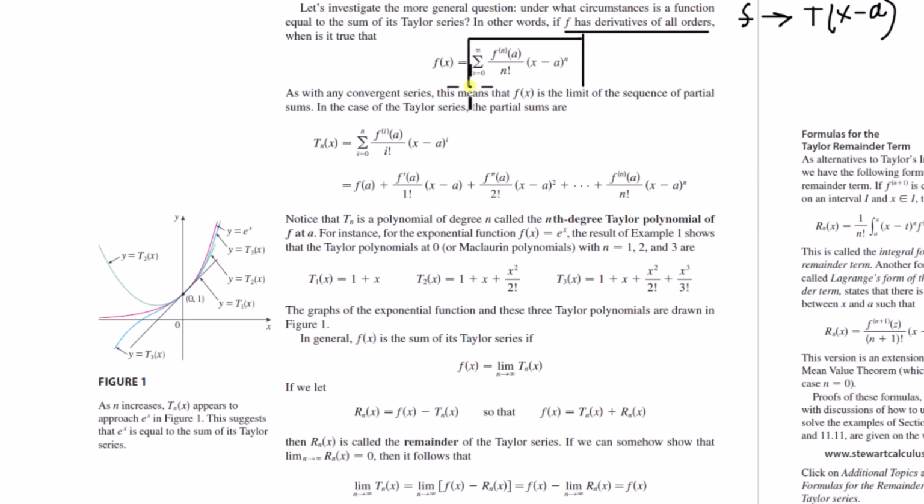If f of x is equal to this, then f of x is also equal to, what's another way we look at an infinite series? We look at an infinite series from the perspective of a partial sum. So you take this and call it S of n, and then you change from n to i for the sake of the partial sum.